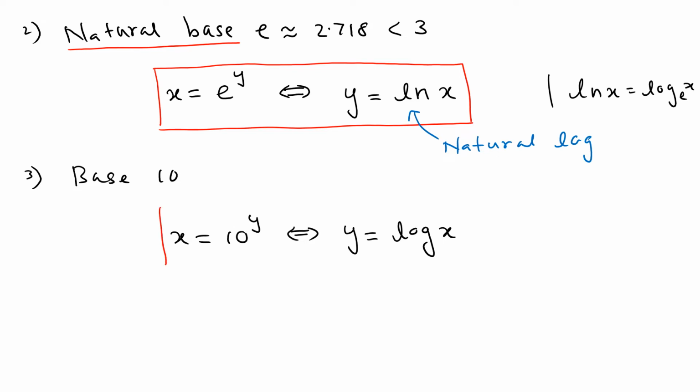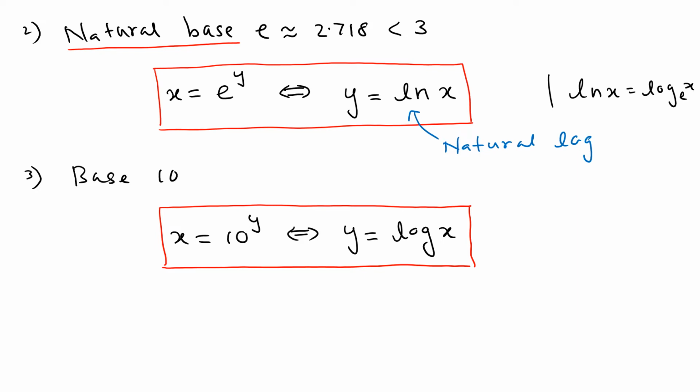But if you are in computer science, sometimes they just write log for base 2 because base 2 is more important for them. So you have to be careful what they mean by log, whether base 10 or base 2. And if you use a calculator, use base 10 for log.